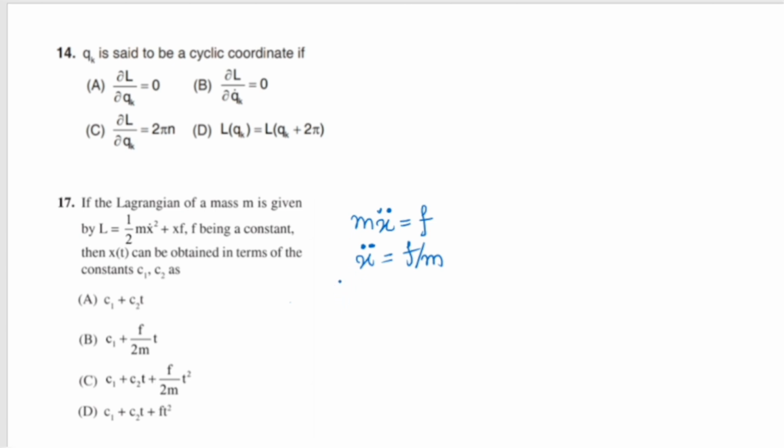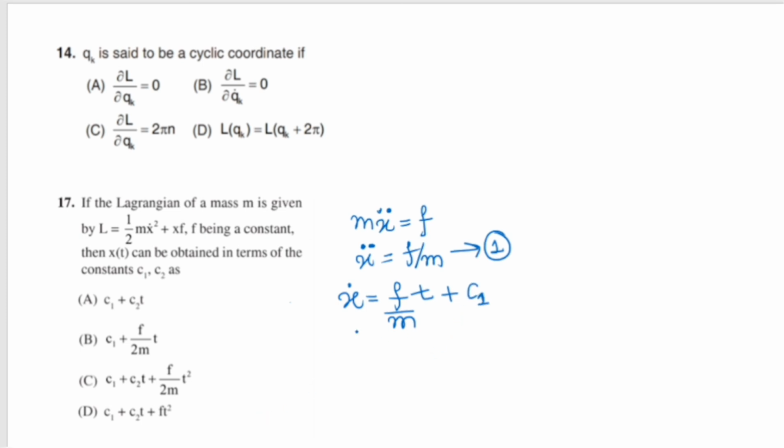I'll get x. So on integrating this equation 1, I'll get x dot, which is nothing but F divided by m into dt. Now on integration of dt, it will be t, plus after integrating one constant will arrive. That constant will be c1. Okay.